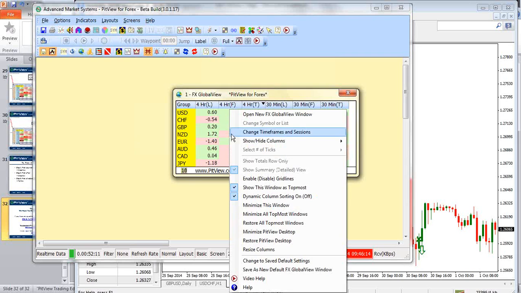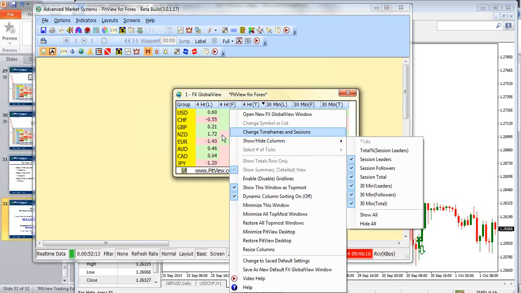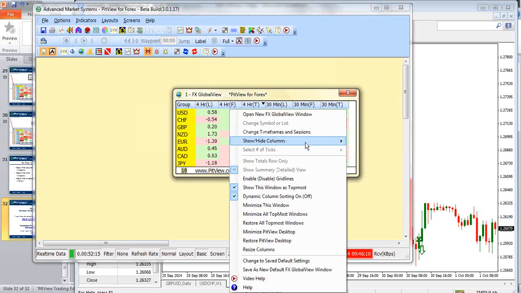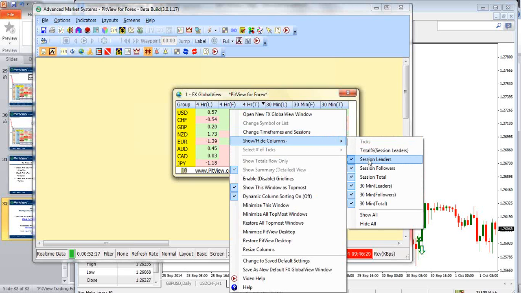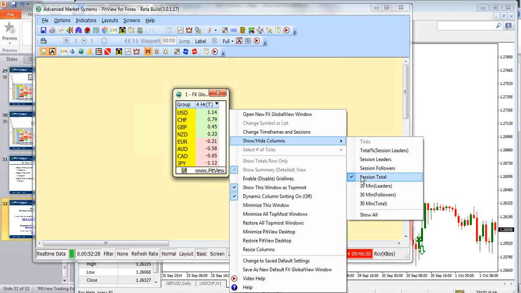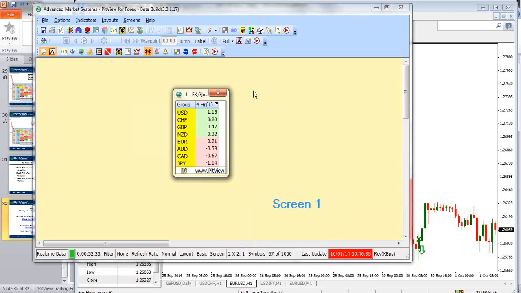But when I have Global View up, if you right-click anywhere on Global View and go to Show and Hide Columns, I'll uncheck Session Leaders, Session Followers. These are more of your hourly time frames. And I'll uncheck the 30-minute. All I'll have checked on that is the session total, because all I want to see is what the market maker activity has been for the last 4 hours.